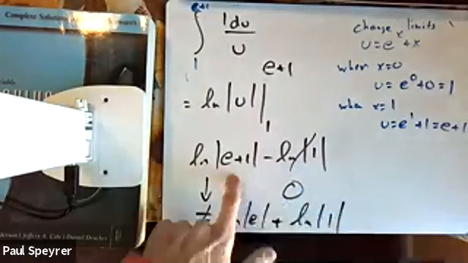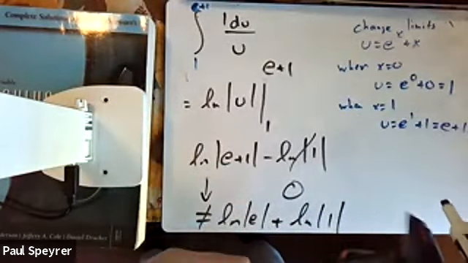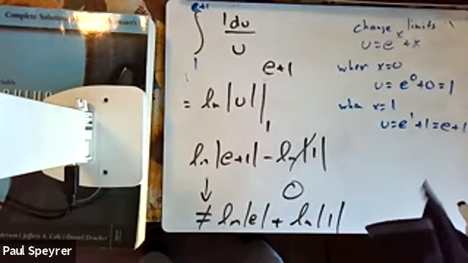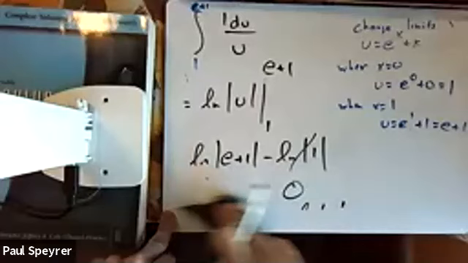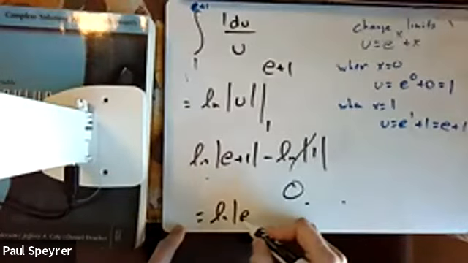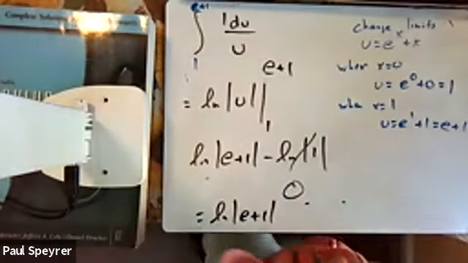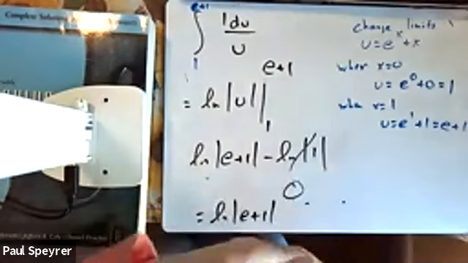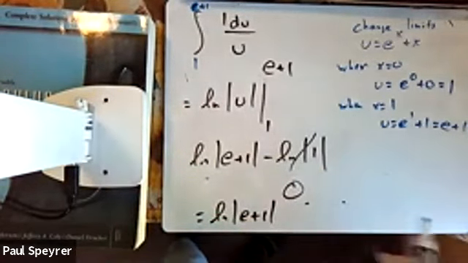That's as far as you can take this, unless it wanted a decimal answer, which it probably won't, then you leave it alone. So your final answer is just ln of the absolute value of e plus 1. And that's it. If it asks you for a decimal, sure, you would type in ln of e plus 1 in your calculator and hit enter, and it'll spit out some decimals.